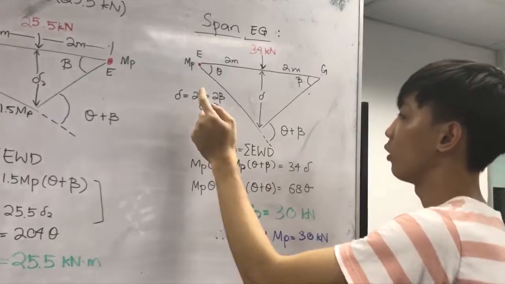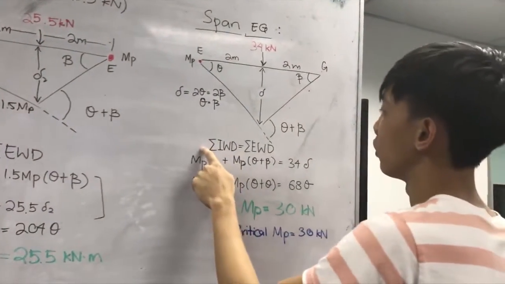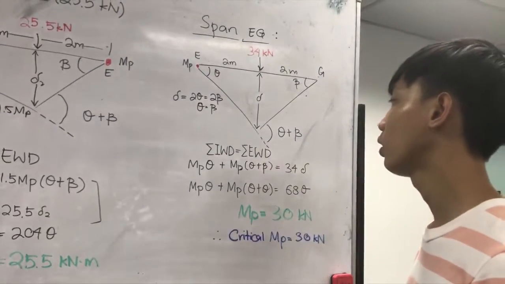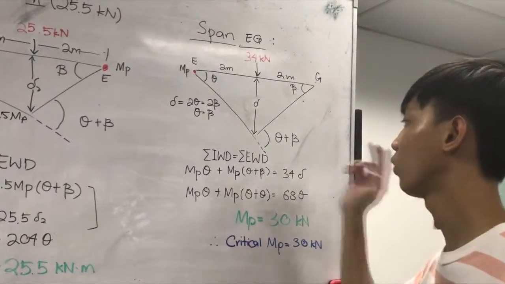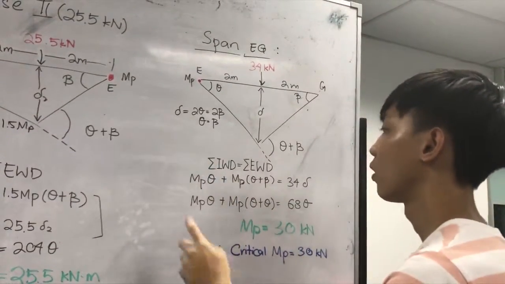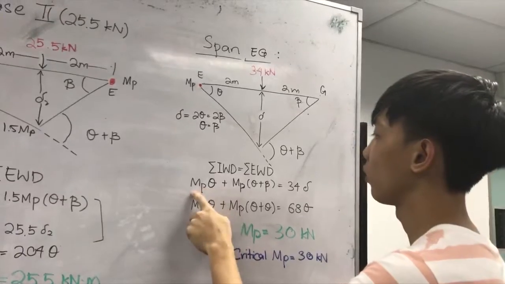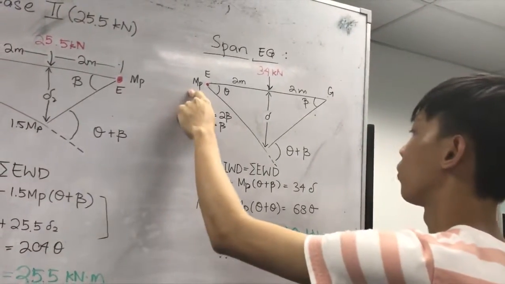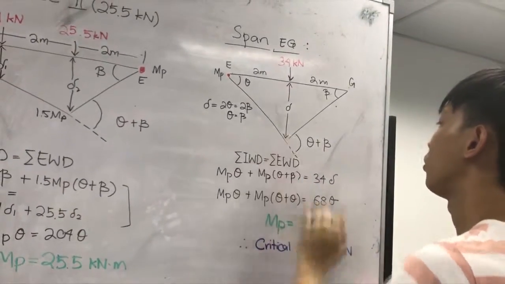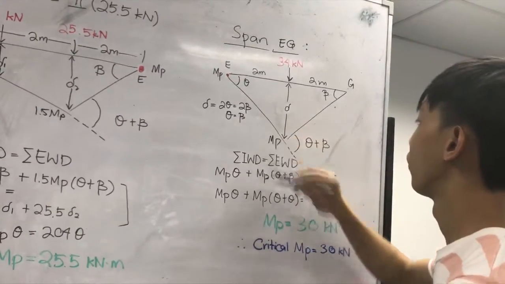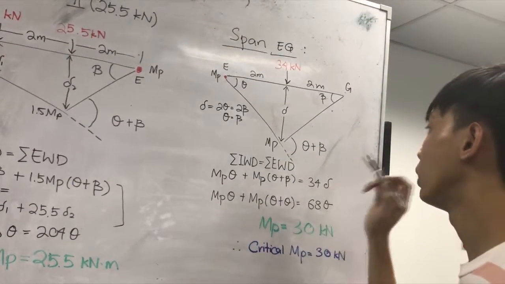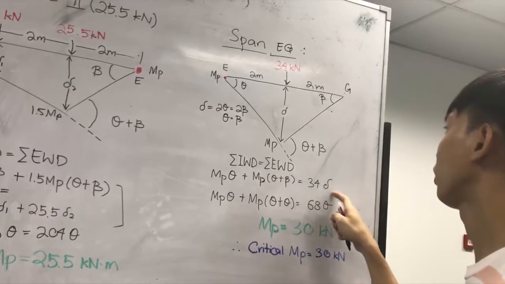So after you define delta, you have to form this equation again like the last case. So summation of internal work done is equal to summation of external work done. Summation of internal work done, MP times theta is here, plus MP times theta plus beta, which is here, and then is equal to the external work done, which is 34 delta.